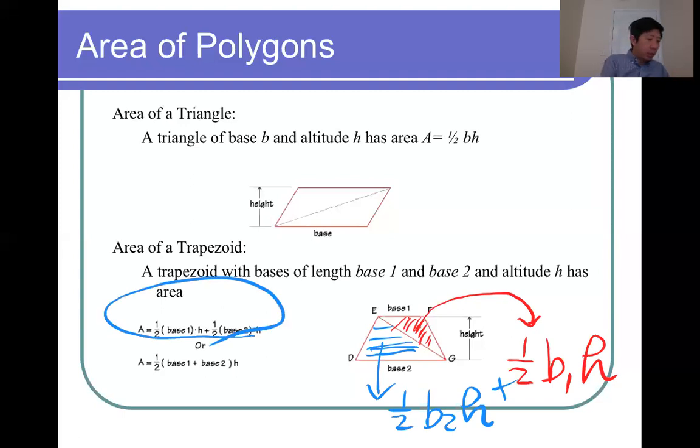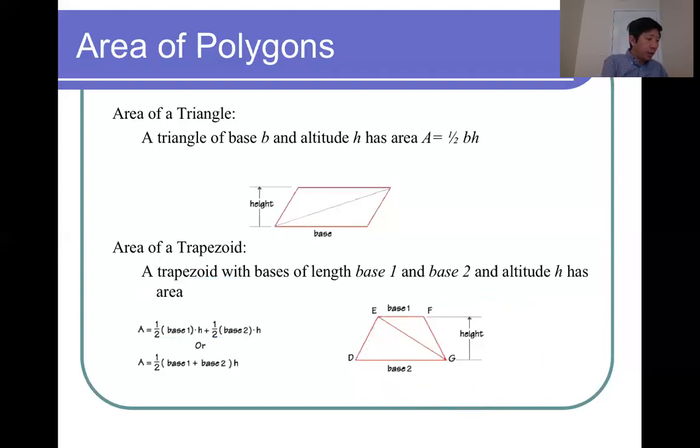So basically, we can think of the area of the trapezoid as the area of the first triangle plus the area of the second triangle. Added together, that is 1/2 base 1 times height plus 1/2 base 2 times height, right?